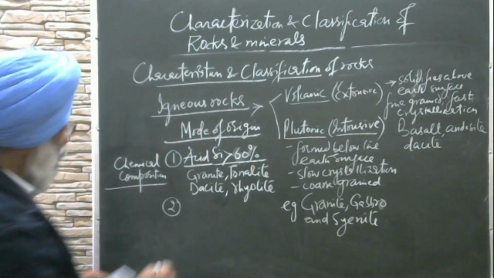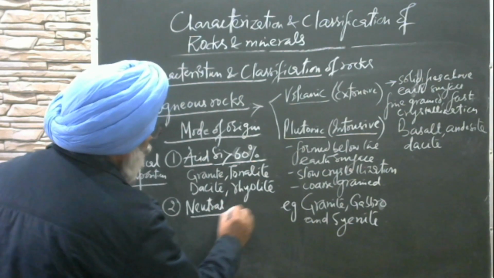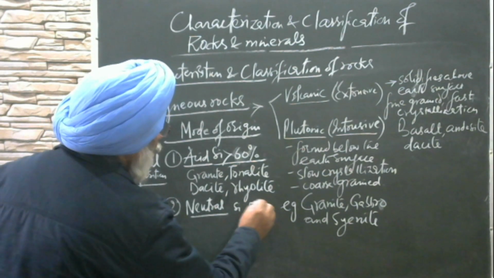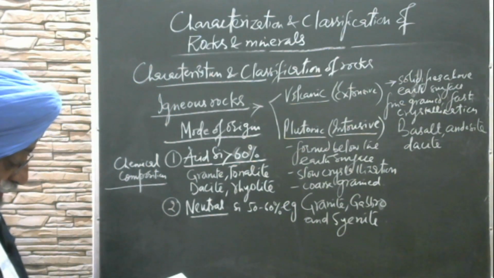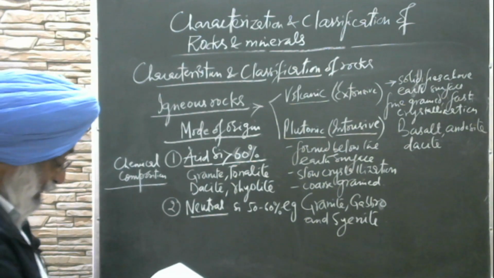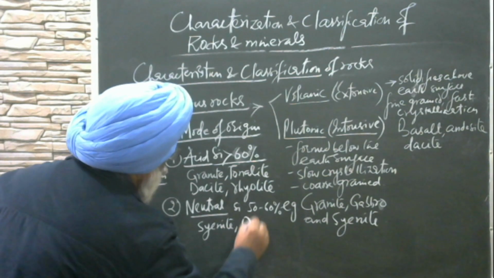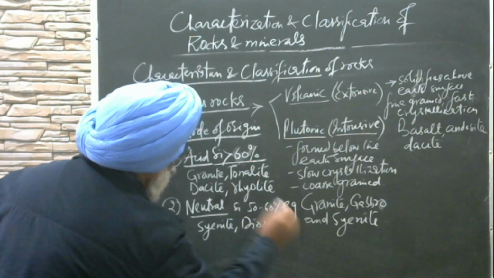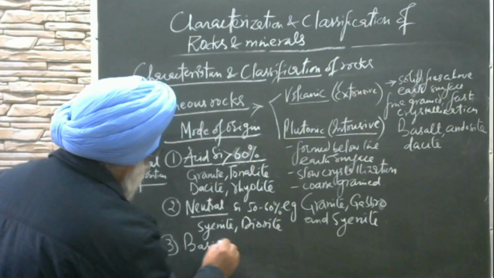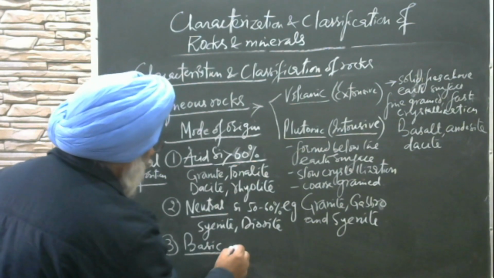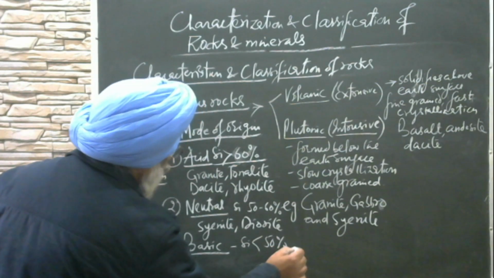Then we can have neutral igneous rocks, when silicon content is between 50 to 60%. And here the examples are syenite, diorite, etc. And the third type of rocks are basic. So acid, neutral, and basic, when silicon content is less than 50%.